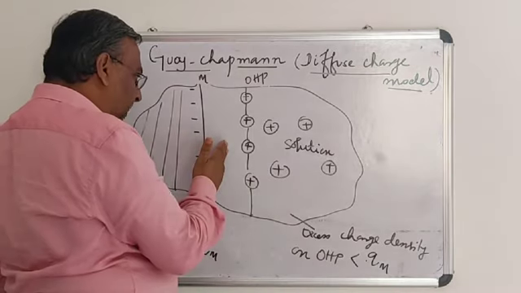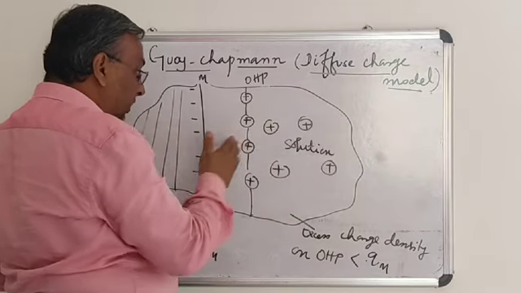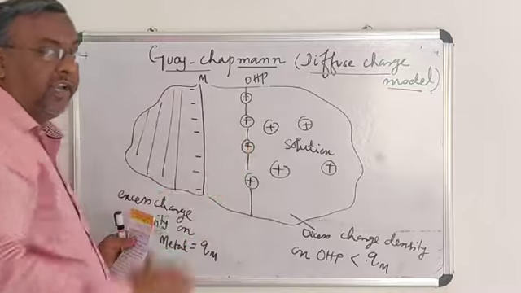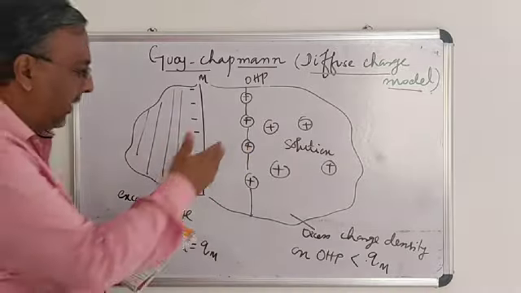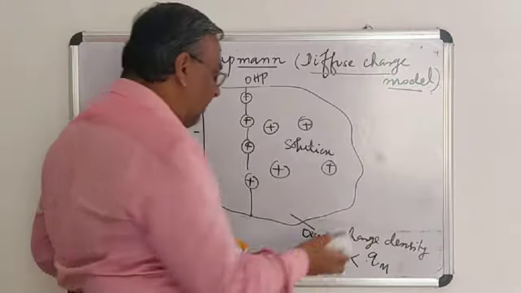As the distance from the metal increases, the charge density in the diffused solution goes on decreasing. Okay, as the distance increases. You can easily explain this by a graph.